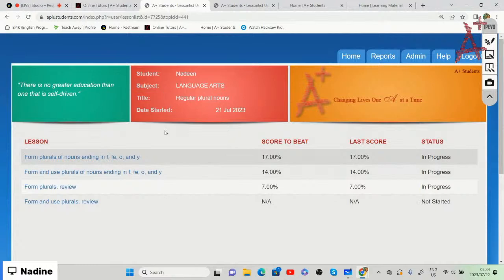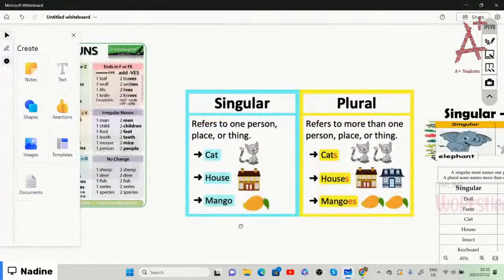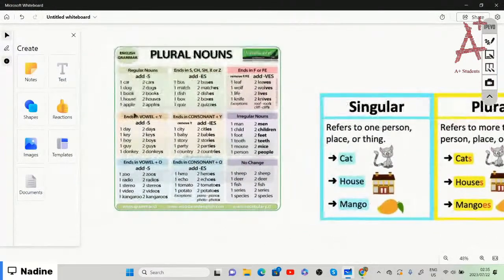All right, so that is the test, where we are changing the word, or adding to the word, right? Before we go to the last one, let us do an activity. We're going to look on the board, and this is a chart that shows the different plural nouns.